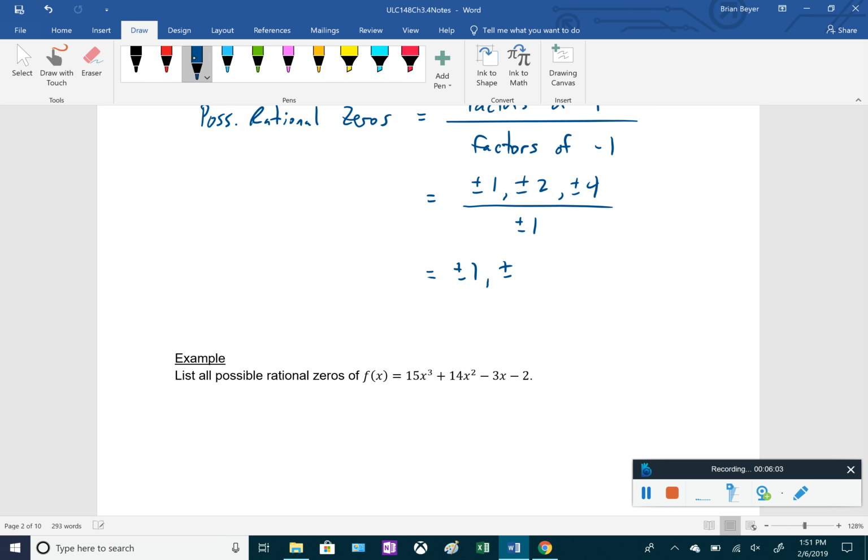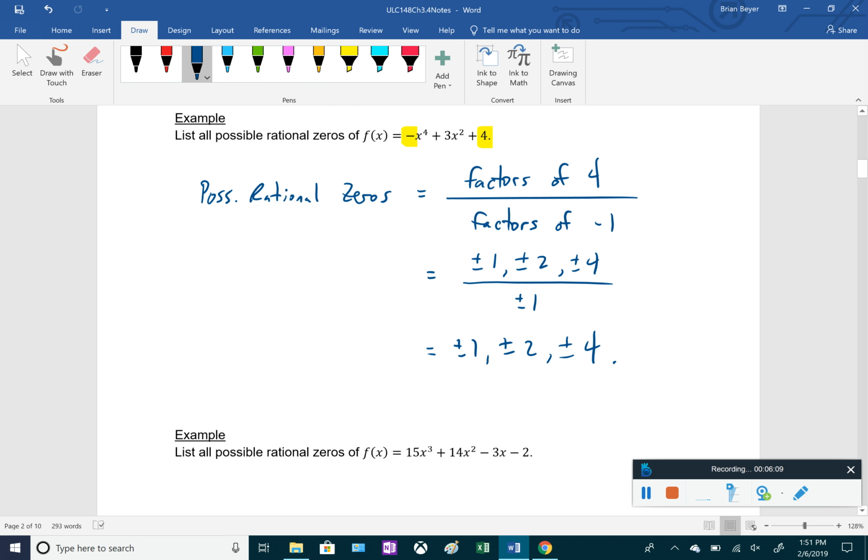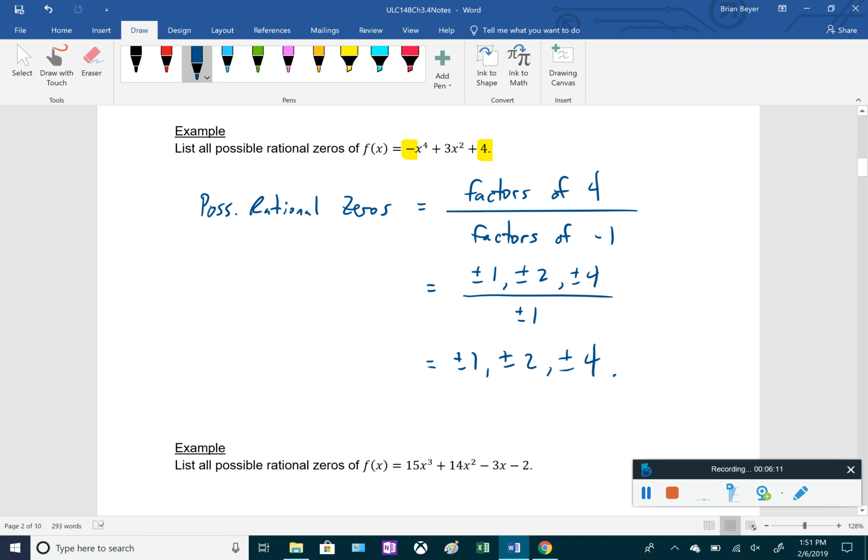So plus or minus 1, plus or minus 2, plus or minus 4. So if this function does have rational x-intercepts, it's either going to be negative 1, negative 2, negative 4, or 1, 2, or 4.